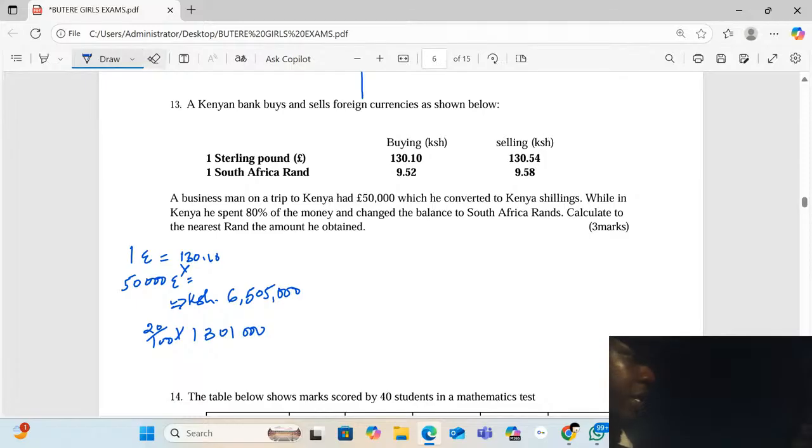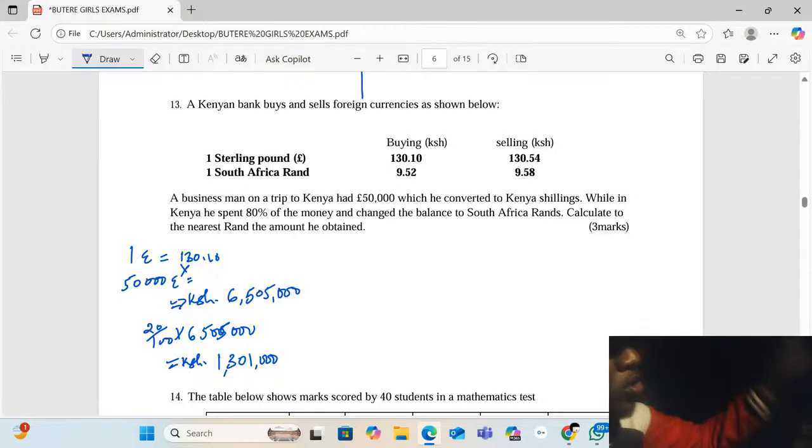So 20% of 6,505,000. So the cash that he remained with is now 1,301,000 Kenyan shillings. Now, this amount, he converted all of this amount to South African rand.